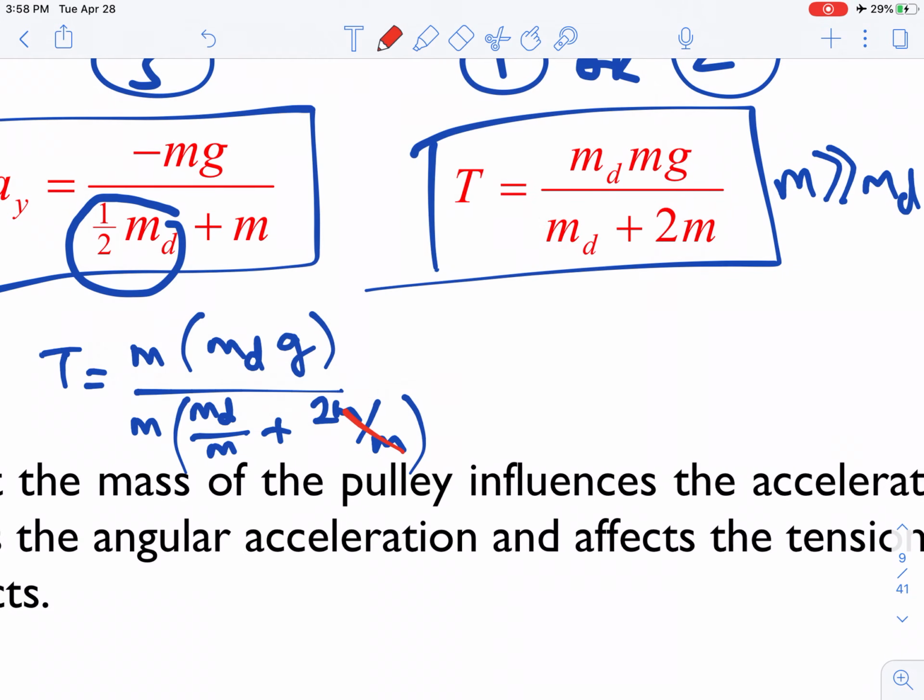We get 2 here. And what is MD over M? M is much bigger, so this is 1 over a really big number, which goes to 0. Okay, so the tension is going to be 0 in that case.